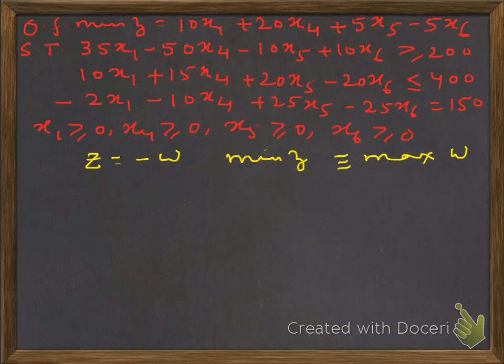So let us do these two things together here, that is converting the minimization to maximization and putting all the constraints in equal to form.